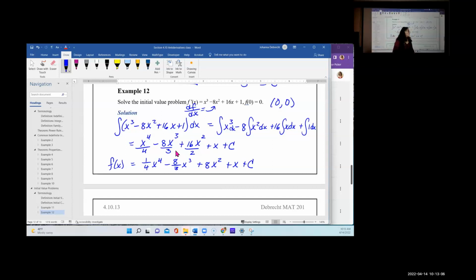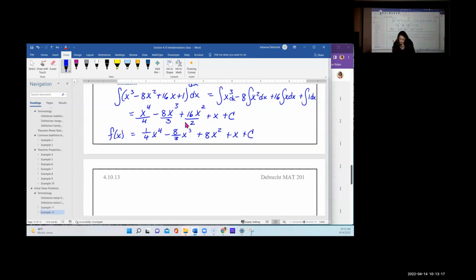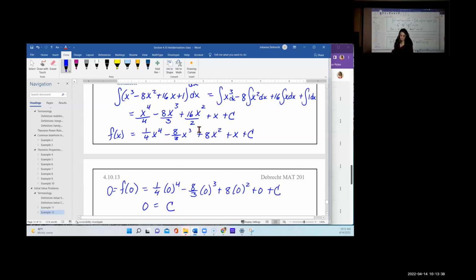If x is 0, then all the terms that have x in them will drop out and you just get the constant. So f of 0 is 0, which equals 1/4 times 0 to the 4th minus 8/3 times 0 to the 3rd plus 8 times 0 squared plus 0 plus c, which means that 0 equals the constant.